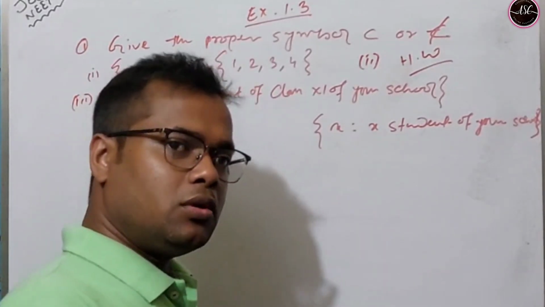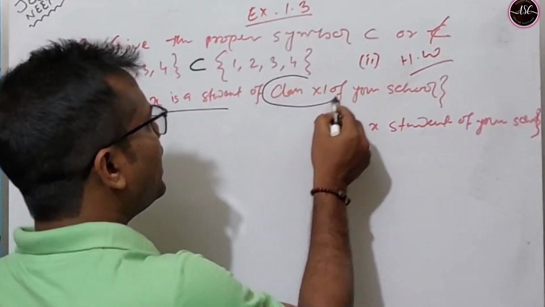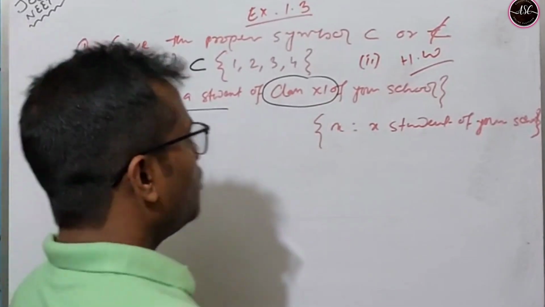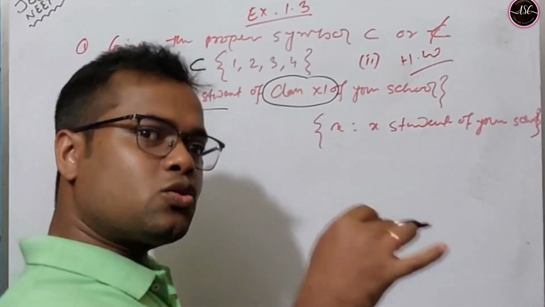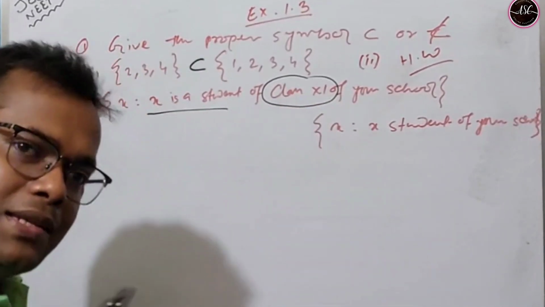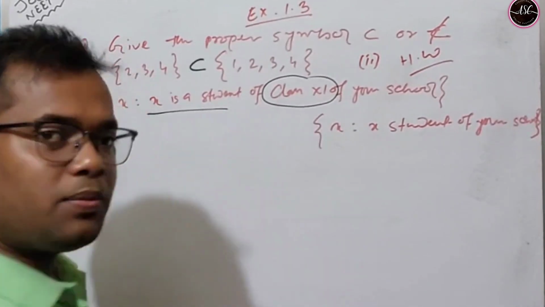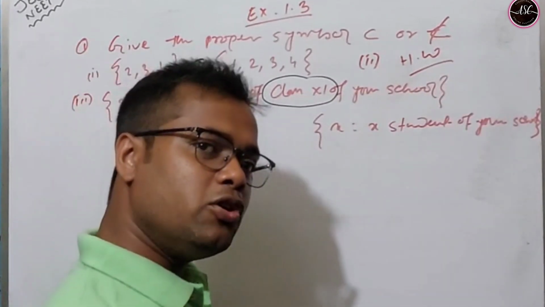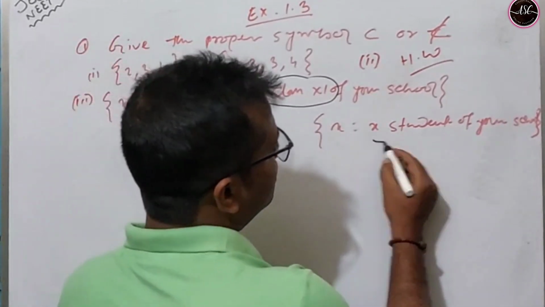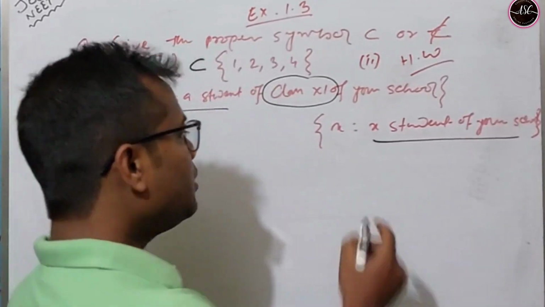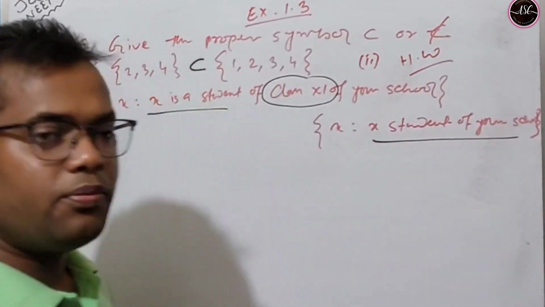In your school, class 11 exists, so a student of class 11 is a student of your school. The second set says X is a student of your school.